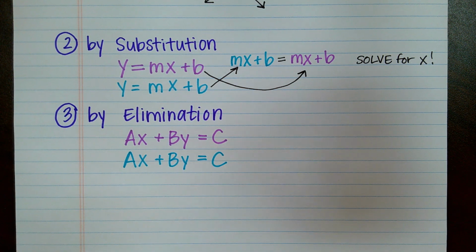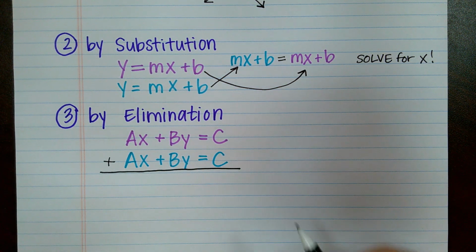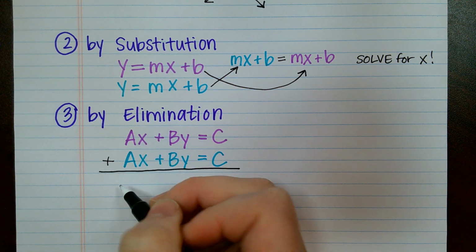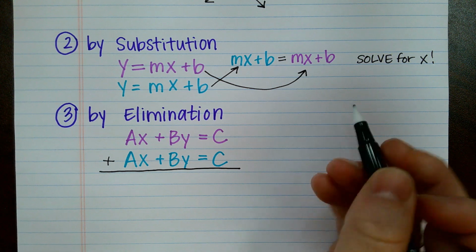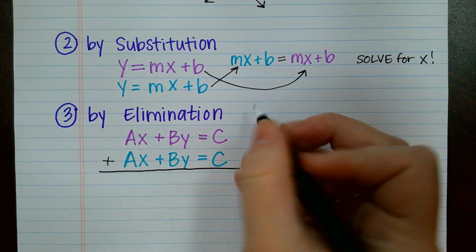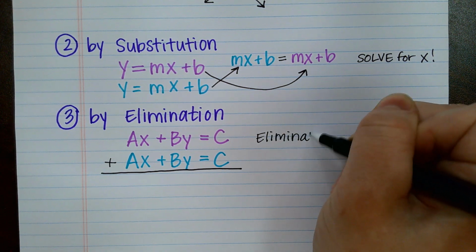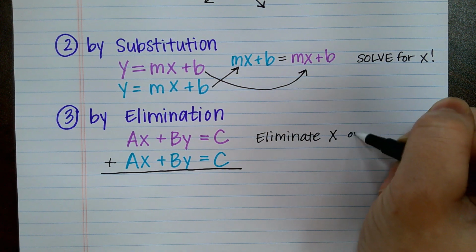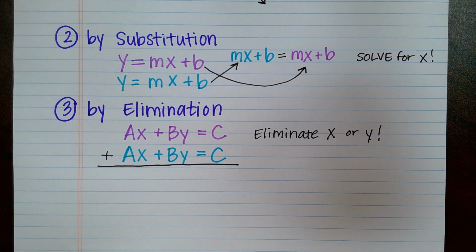What we do for elimination is turn it into an addition problem and try to get rid of x or y. Again, it's okay that probably makes no sense. It will soon. So I'm going to write eliminate x or y. This will be our little guide.